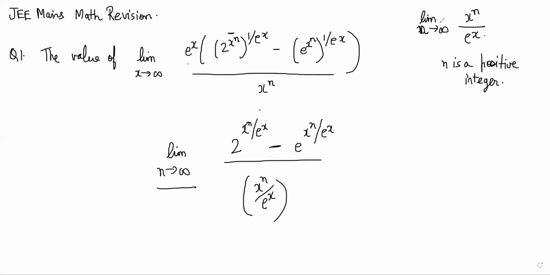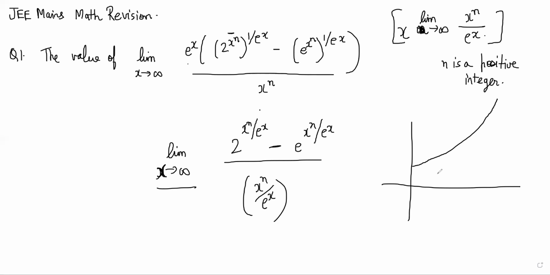Actually, it is x tends to infinity, not n tends to infinity. This you can figure out from the graph, and you need to know that e power x will rise above any x power n curve, no matter what n is.